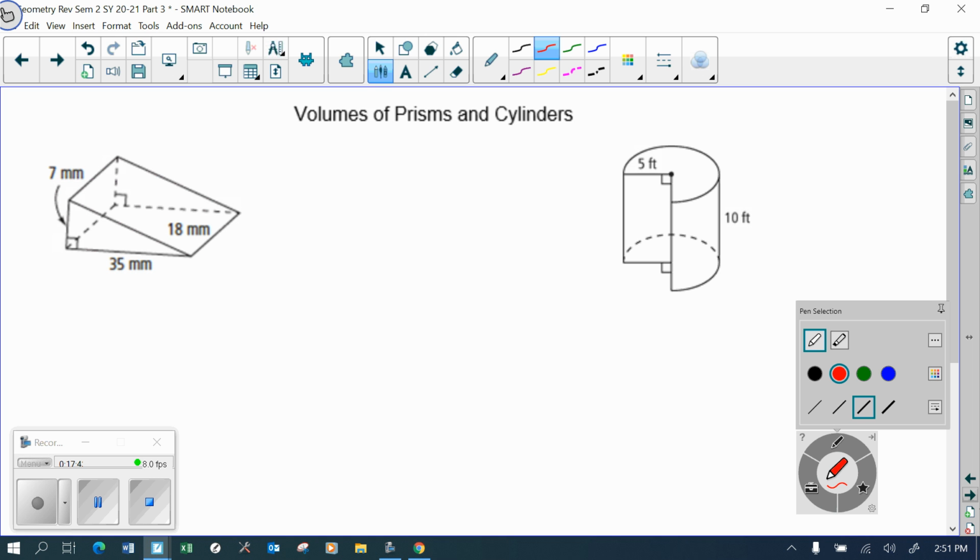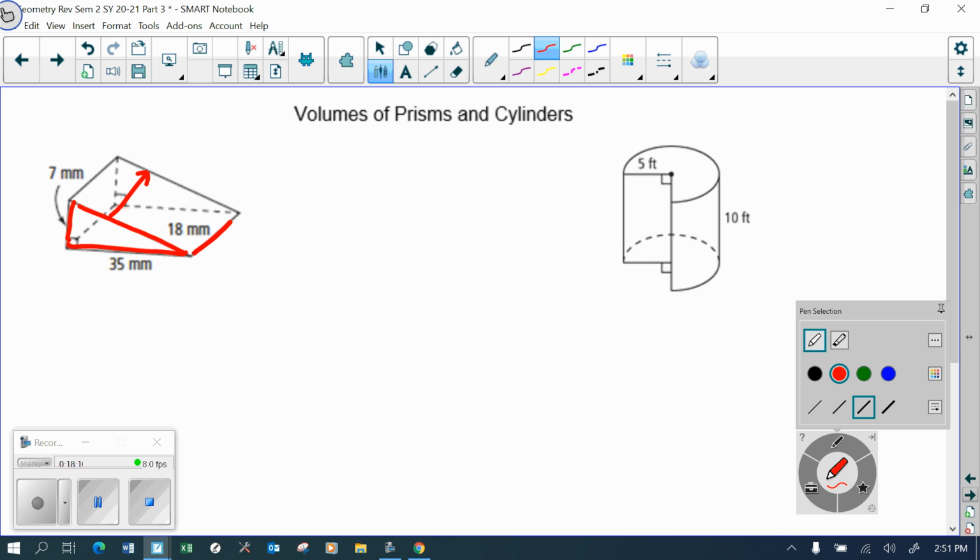Okay, next, volumes of prisms and cylinders. So remember, a prism has two bases and a cylinder has 2 bases. Okay, for prisms and cylinders, that's why they're grouped together. And remember, for a prism, figure out what shape is being stacked up. Well, in here we have this triangle that's being stacked all the way to right there.